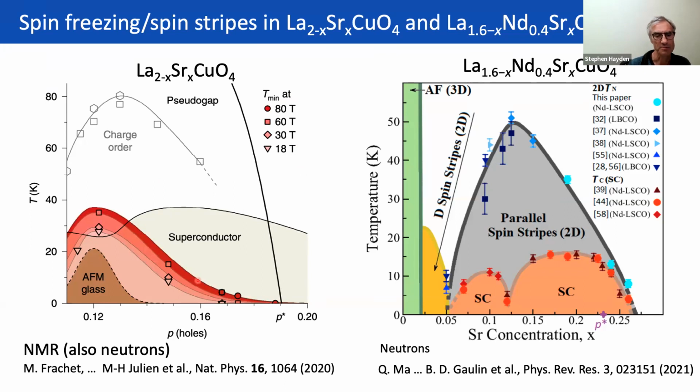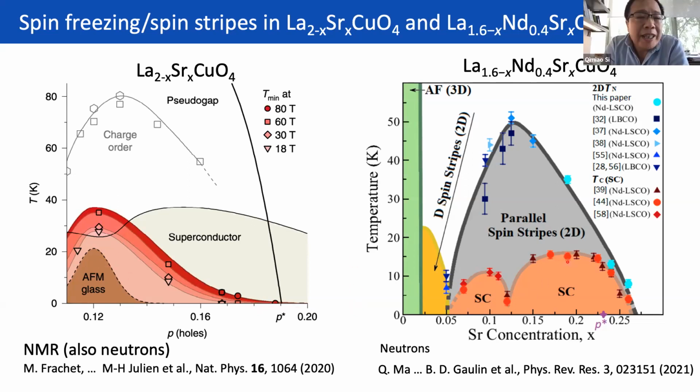And he can see that when you put a field on, it persists up to a much higher doping, up to p star, is his claim. So we have this very low energy stuff existing, but disappearing at about here. So we're going to be measuring in the new sample I show you today over here, where this thing is gone.